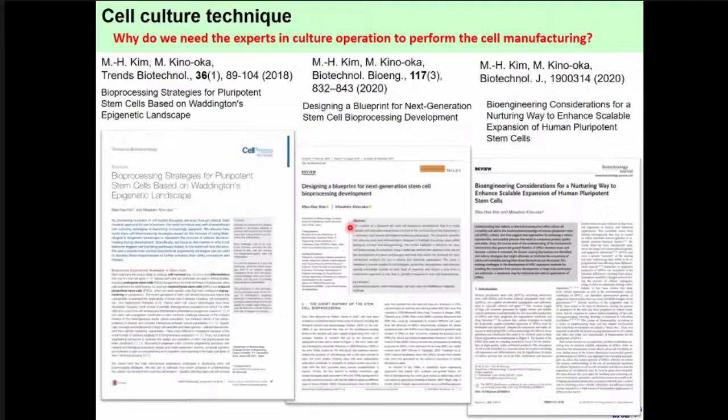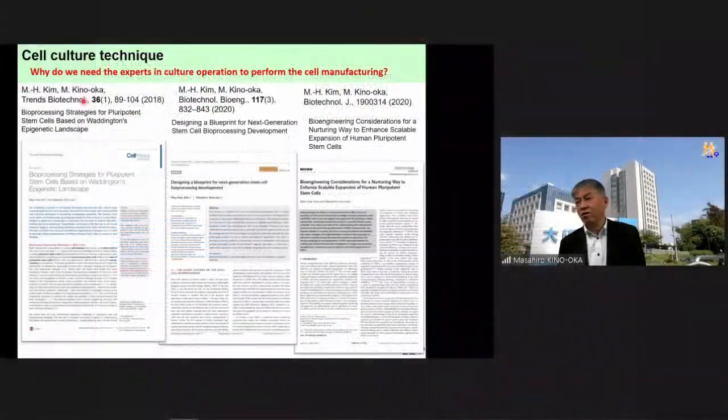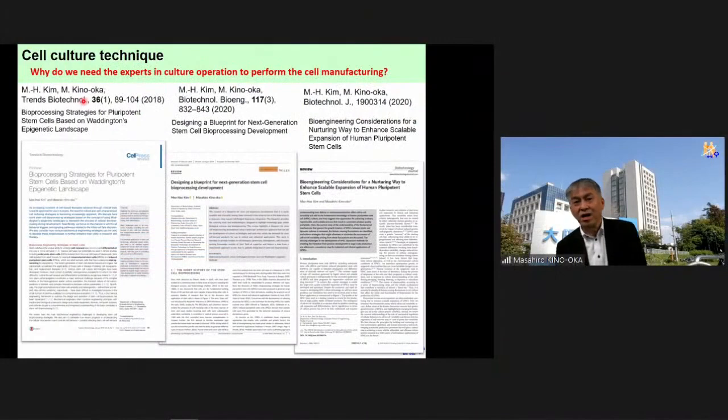And also for the cell culture technique, my colleague, Associate Professor Mihei Kim, prepared several articles for the culture technique. If you are interested, please check. Maybe my name is very unique, KINO-OKA, easy to pick up my name in the database of the literature.